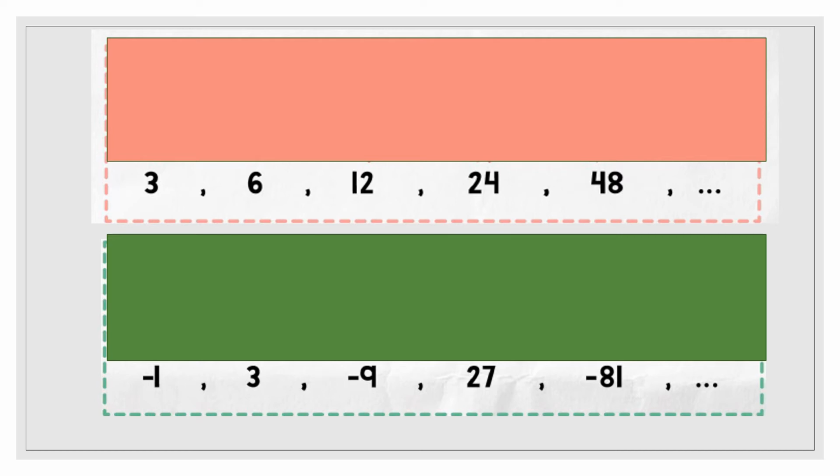3 times 2 equal 6. 6 times 2 equal 12. 12 times 2 equal 24. 24 times 2 equal 48. So, the pattern is multiply the previous number by 2.